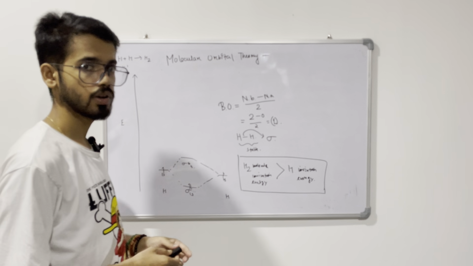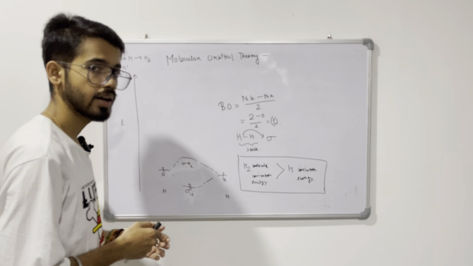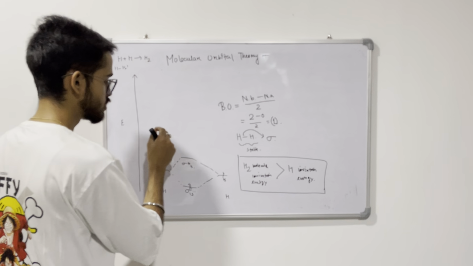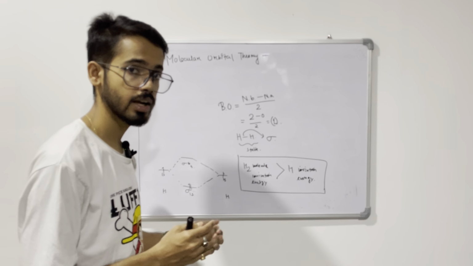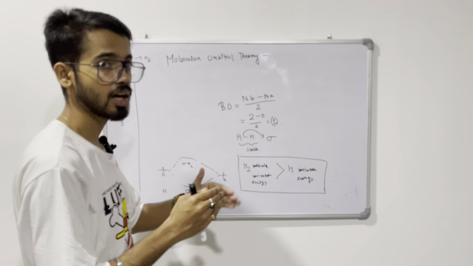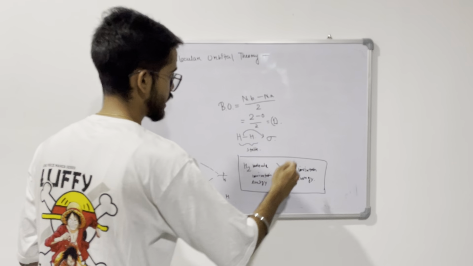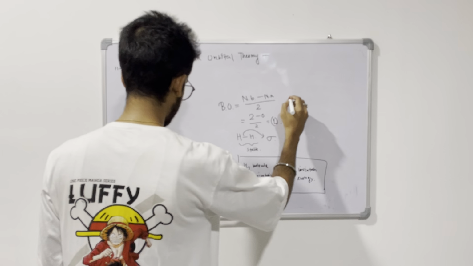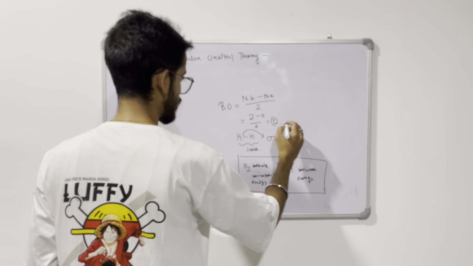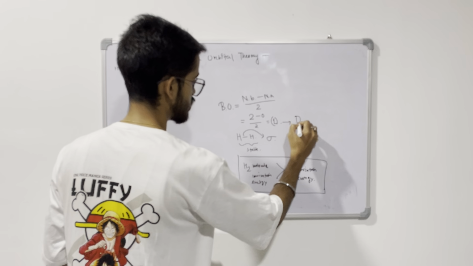Similarly for other molecules also, how the bond formation happens, we get to know it from the knowledge of its molecular orbital diagram. So this also helps in knowing the type of bond it forms. Similarly, the magnetic character also we get to know from this. Bond order is 1 and no unpaired electron, so it is diamagnetic.